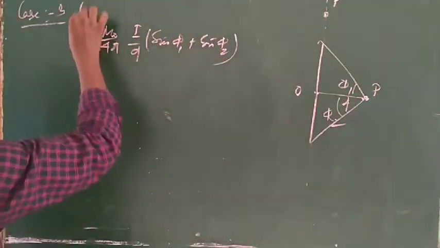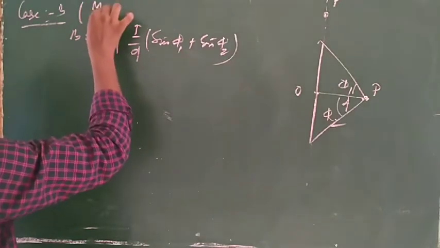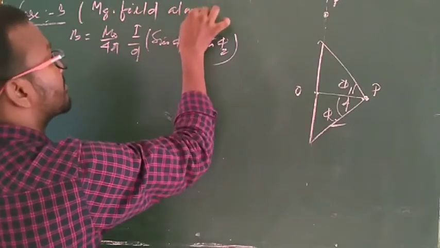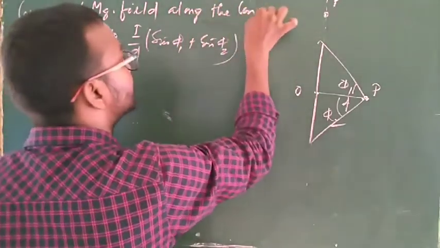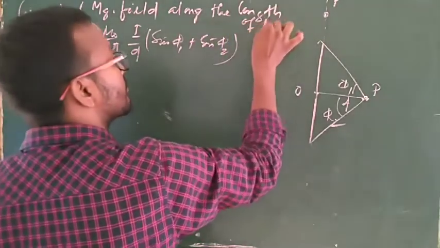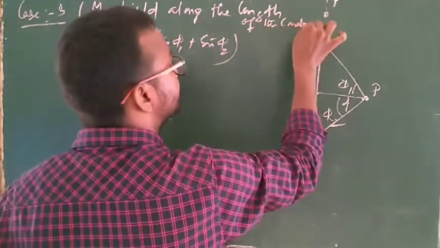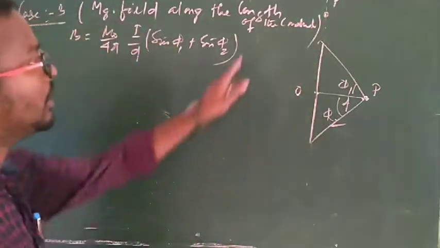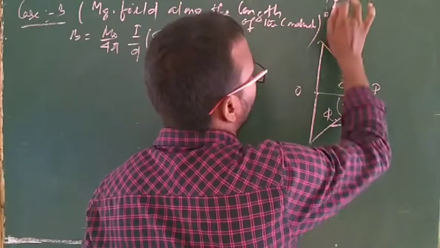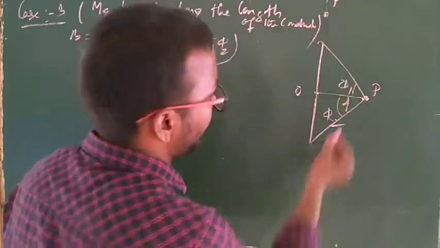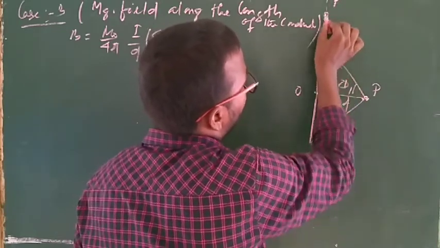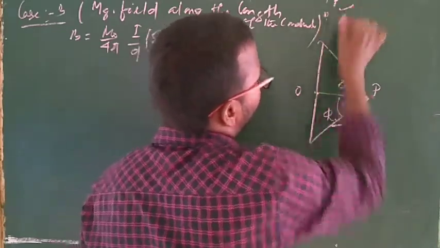That means the magnetic field along the length of the current carrying conductor. So there is a point P where we have to find the magnetic field, and this point is taken to be along the line, along the length element.